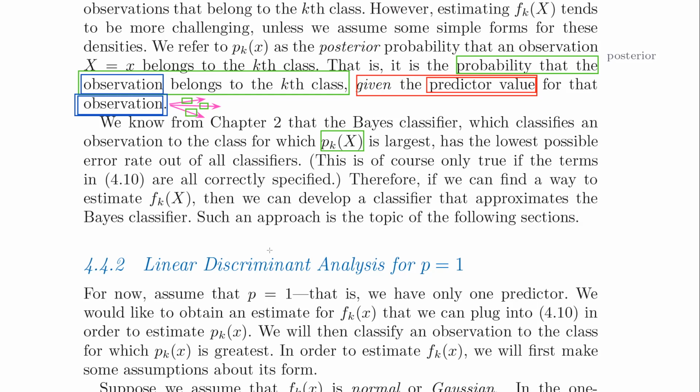So if the greatest probability is this middle one, you exclude these two, and this observation would be classified into this class, based on the fact that it was assigned the highest probability, the highest pk.